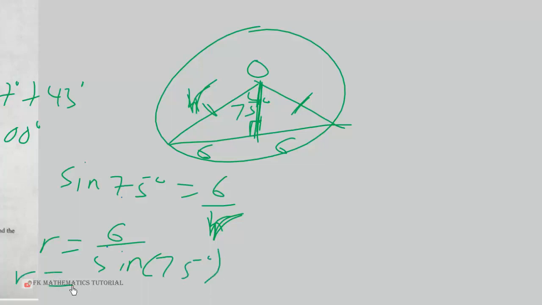And that will give you 6.2117. So to 1 decimal place, we have 6.2 centimeters. So option D is correct.